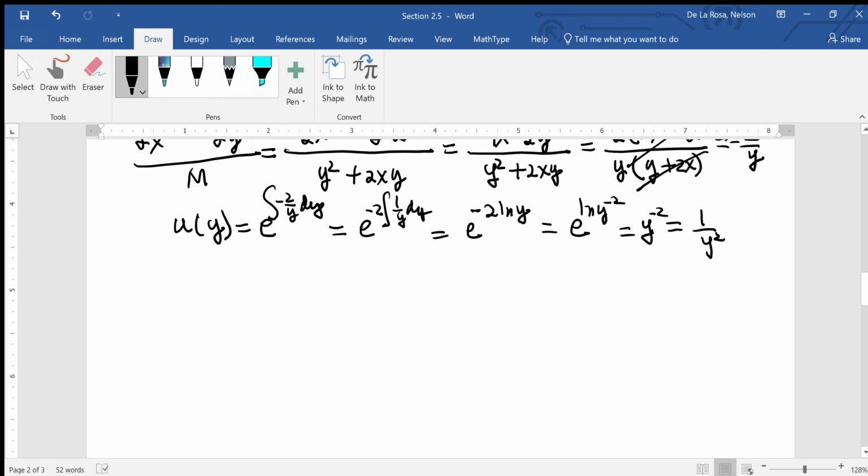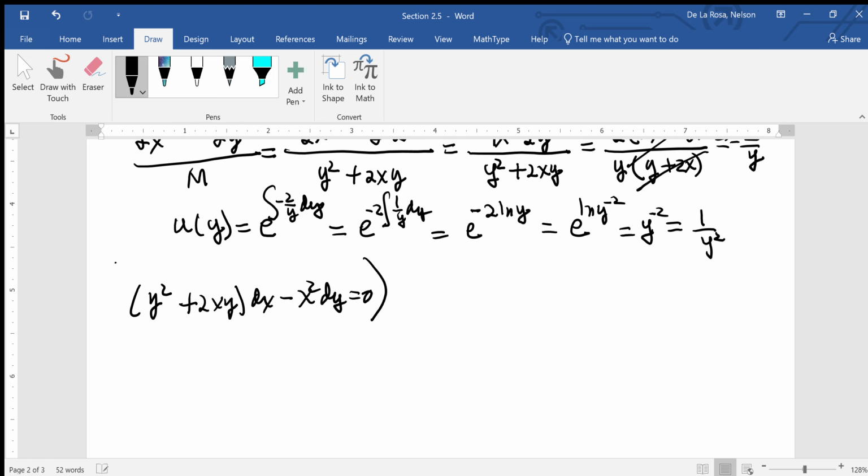So now we can try to convert the given equation to exact. So we have y squared plus 2xy dx minus x squared dy equal to 0.